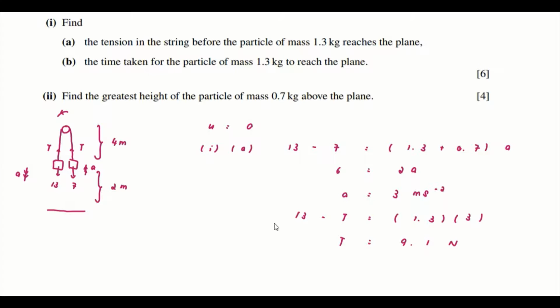Okay, so the time taken for the particle of mass 1.3 to reach the plane. This is for part B. We know that the initial velocity is 0, then the acceleration is 3. Please do not assume that the final velocity is 0, because we cannot confirm that.